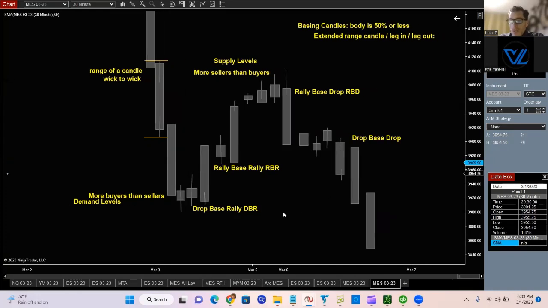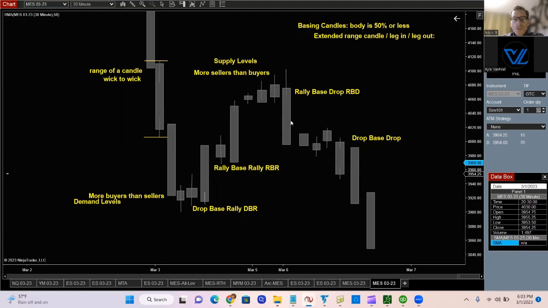In this case, it would be this candle. Because yes, it has a couple of wicks in it, but the majority of the candle is body. So drop, base, drop.